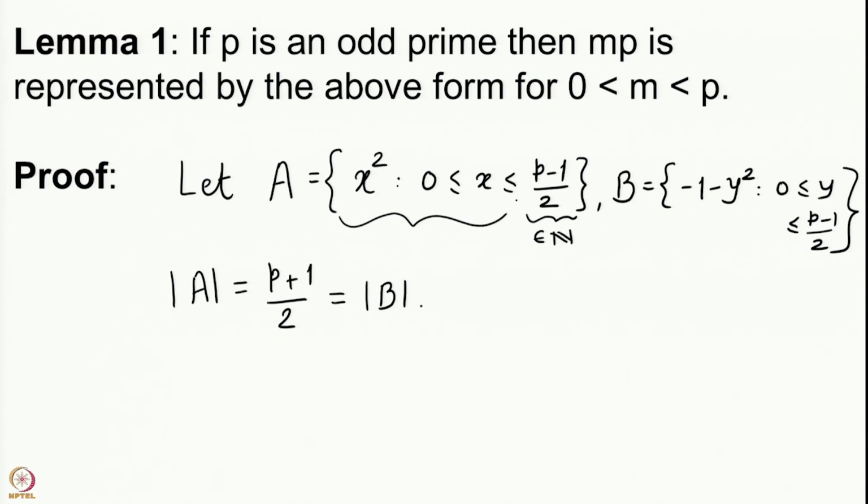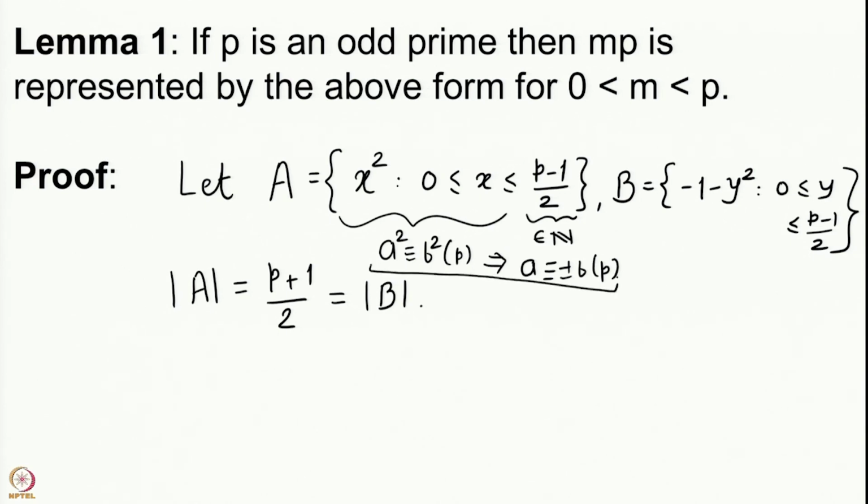So, that tells you that the cardinality of the set A is (p+1)/2, and similarly the cardinality of B, because what we have used here is that a square congruent to b square mod p implies a equal to plus or minus b mod p.